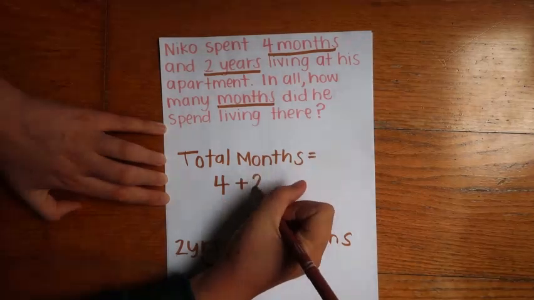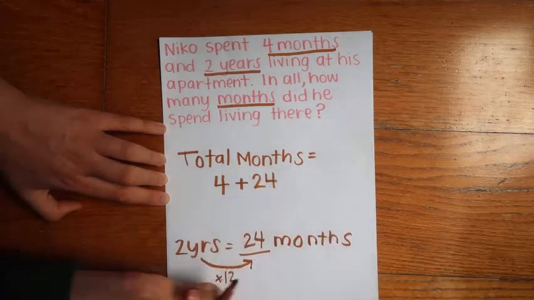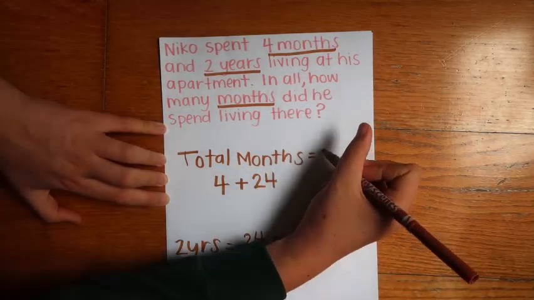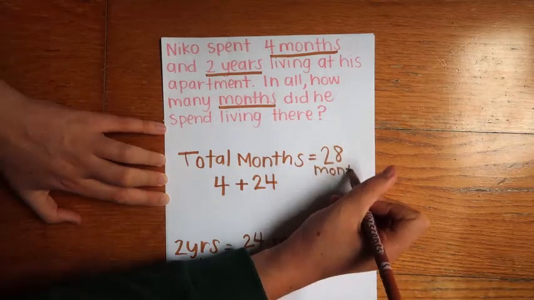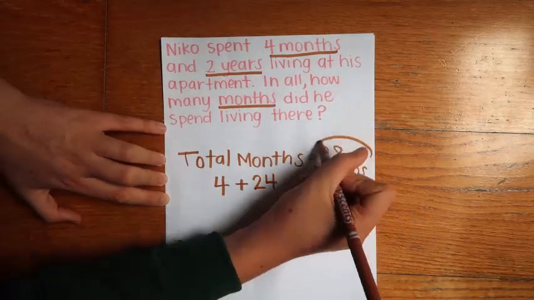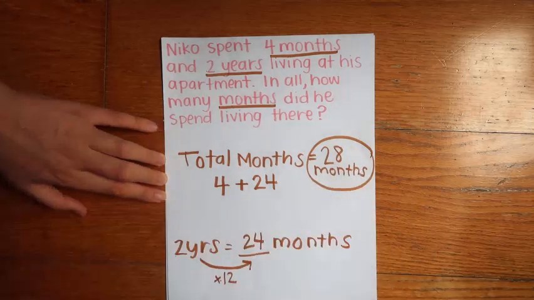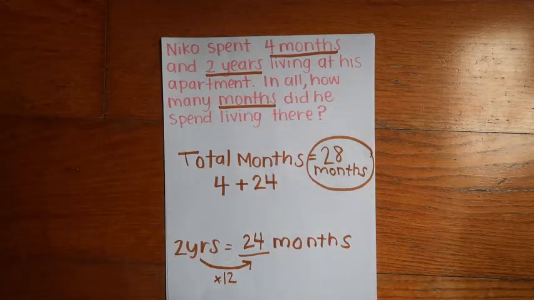So 4 months plus another 24 months equals 28 months. So how many months did he spend living at this apartment? He spent 28 months living there.